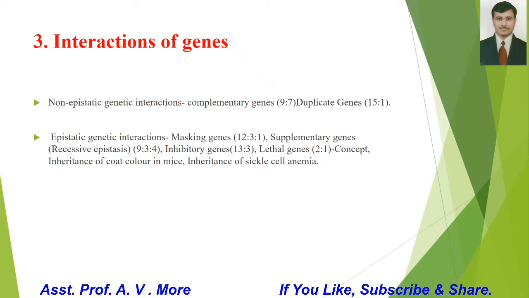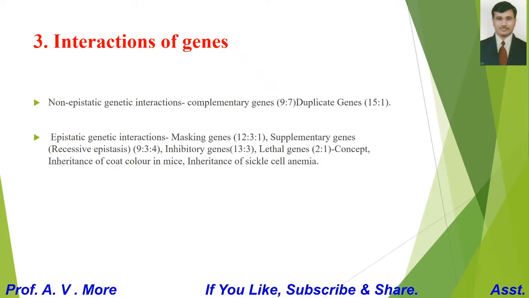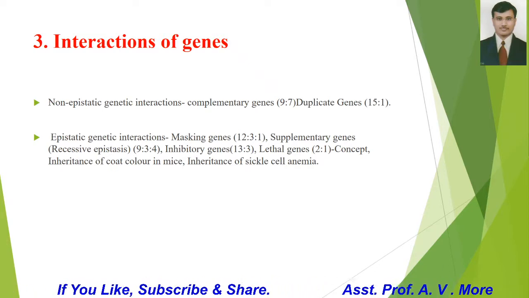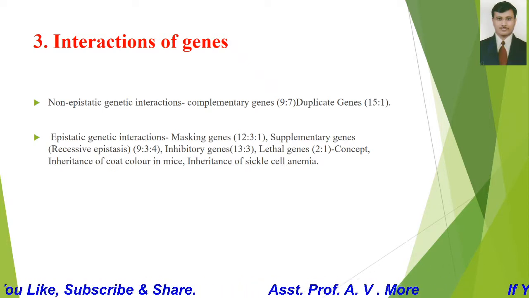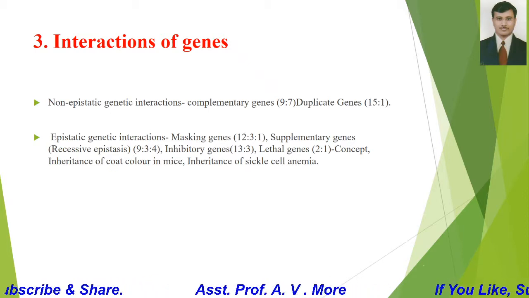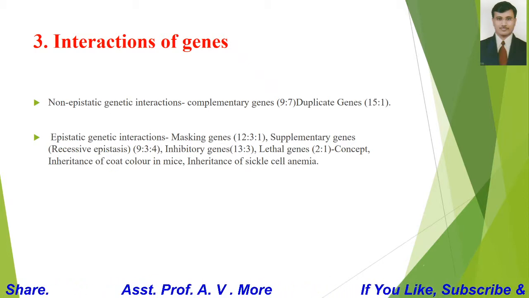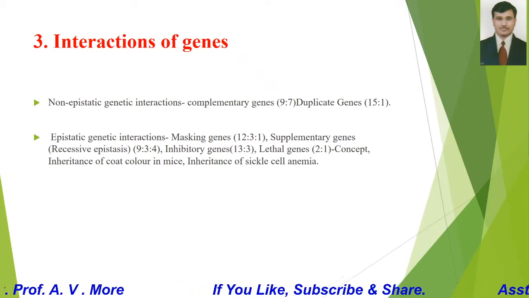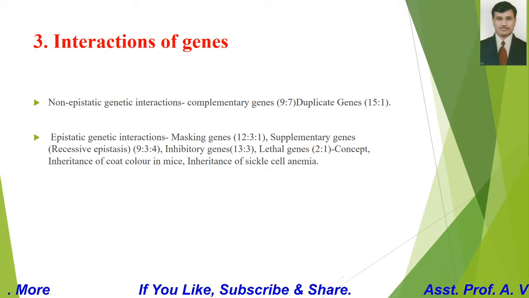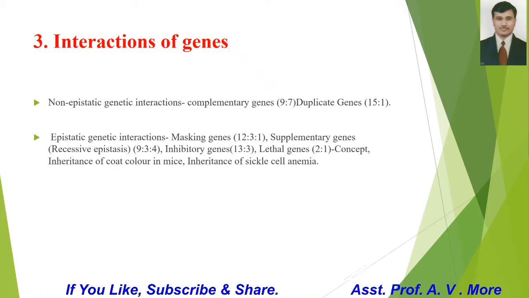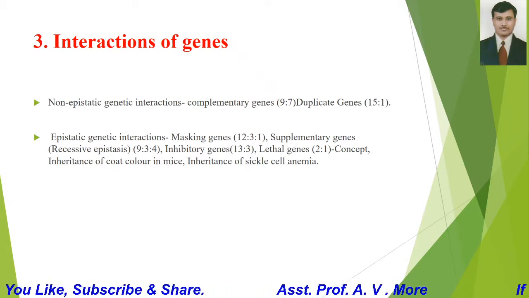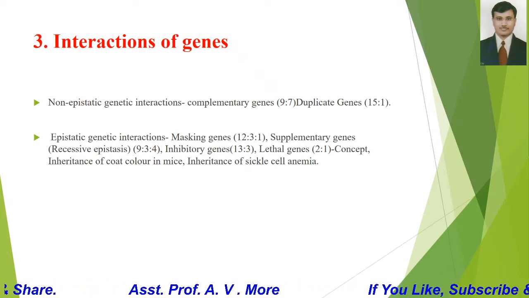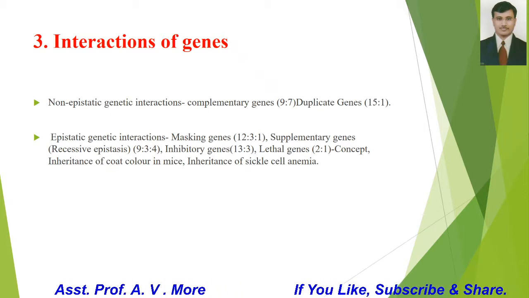And epistatic gene interaction: masking genes, that is the 12:3:1 ratio, supplementary genes or recessive epistasis, that is 9:3:4, and inhibitory genes, that is the 13:3 ratio. Next one, lethal genes, 2:1, and the concept of inheritance of coat color in mice, and inheritance of sickle cell anemia. So all these topics we have to study in that unit.